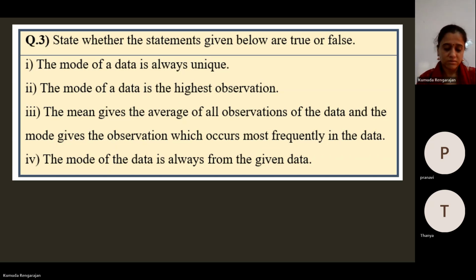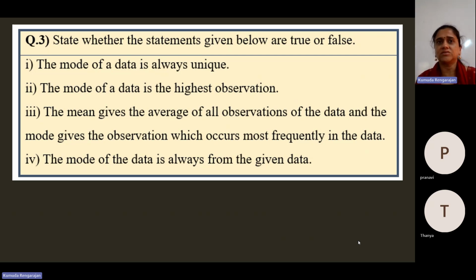I'll share this image. You just write out the statements and bring it to the class tomorrow. We'll answer true or false tomorrow. Please write out these statements in your classwork at home, and if you can answer it, answer it.